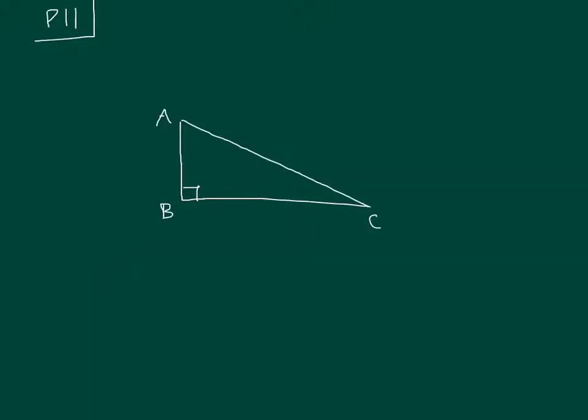Problem number 11, draw a non-isosceles right triangle ABC. Draw the altitude from the right angle to the hypotenuse. The hypotenuse is AC and the right angle is B, so I'm going to draw the altitude from vertex B to the segment AC. Now we have two triangles inside.